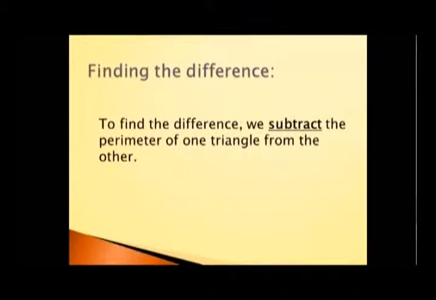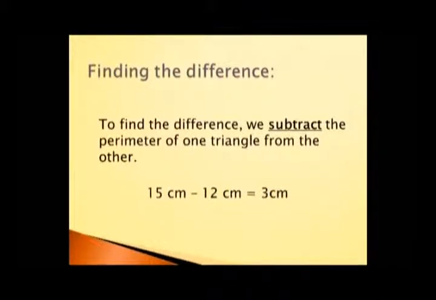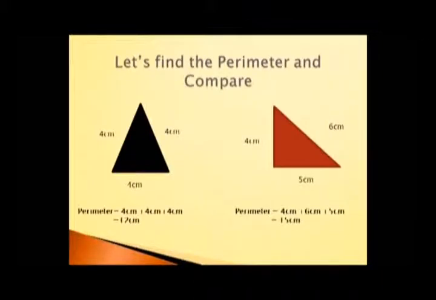So we're going to subtract the perimeter of one triangle from the other. 15 centimeters, subtract 12 centimeters will leave us with 3 centimeters. So the perimeter of the red triangle is 3 centimeters longer than the perimeter of the black triangle. Let's move on, boys and girls.